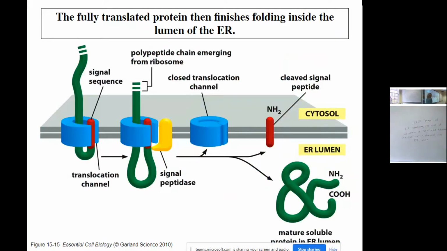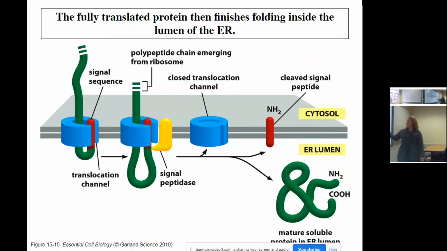So if a protein is supposed to be soluble, what they're calling here a mature soluble protein, that indicates that protein will not be a membrane protein. If the protein's ultimate job is to float around in a liquid and not be together with a membrane, that's a soluble protein.